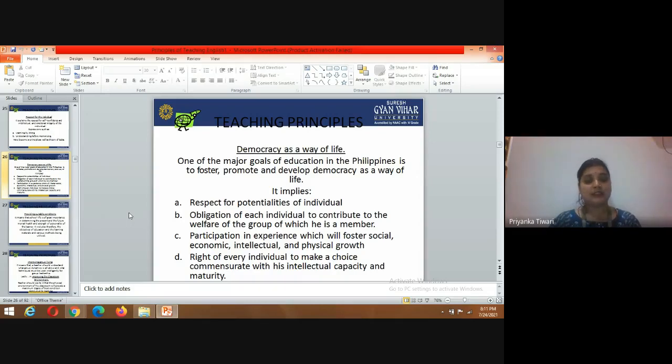It implies respect for the potentialities of the individual, the obligation of each individual to contribute to the welfare of the group of which he is a member, participation in experiences which will foster social, economic, intellectual, and physical growth, and the right of every individual to make a choice commensurate with his intellectual capacity and maturity.